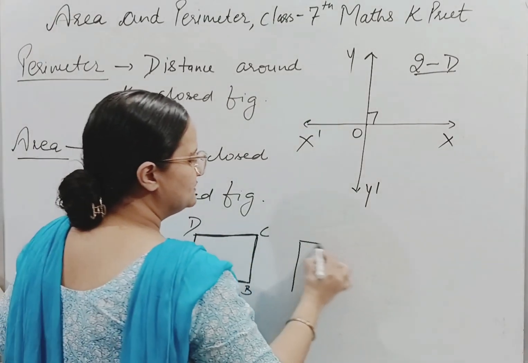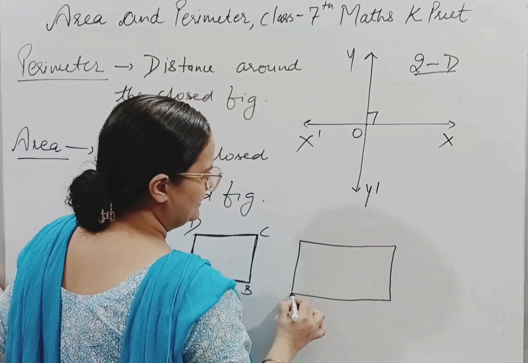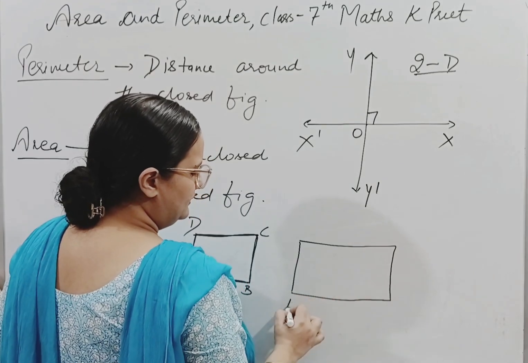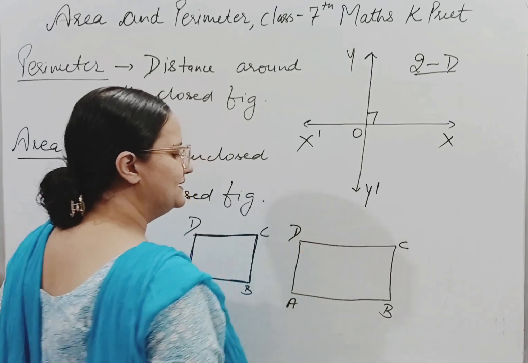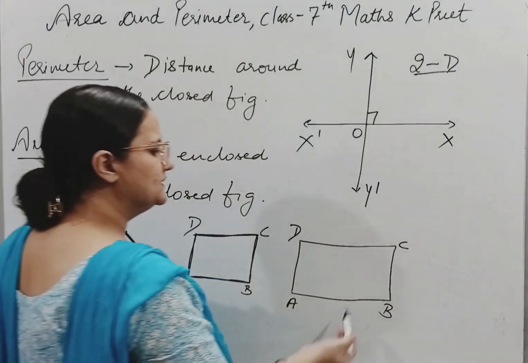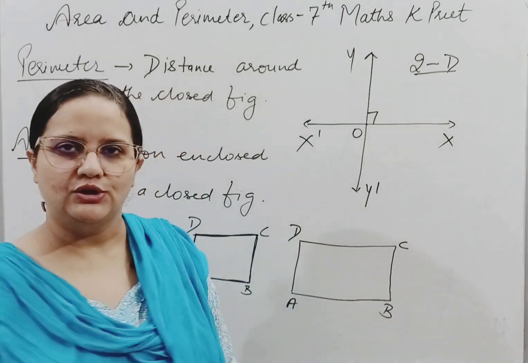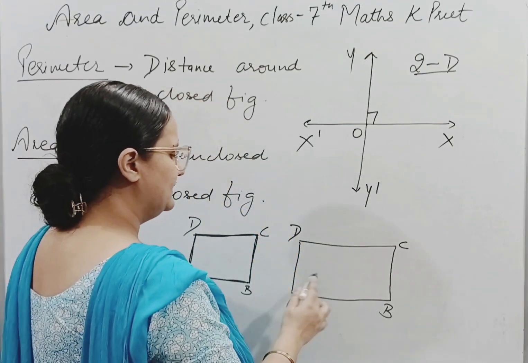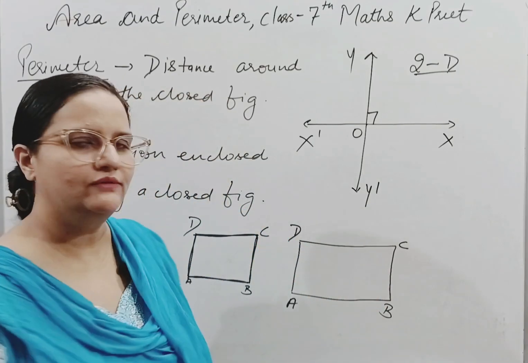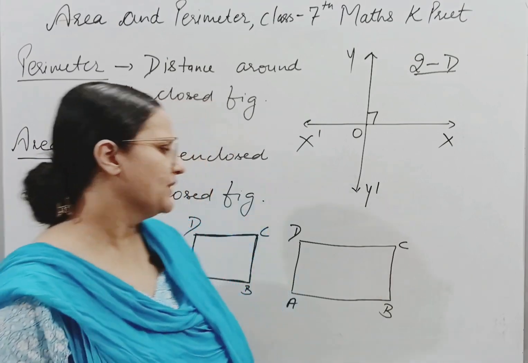The third figure is my rectangle. If the name is ABCD again, this is a rectangle. A rectangle is a quadrilateral where opposite sides are equal and parallel to each other and if any of the angles at the vertices is 90 degrees, then automatically other angles will be 90 degrees.